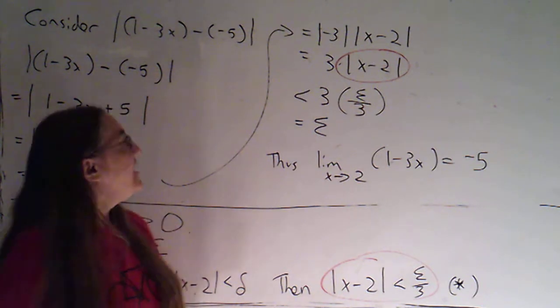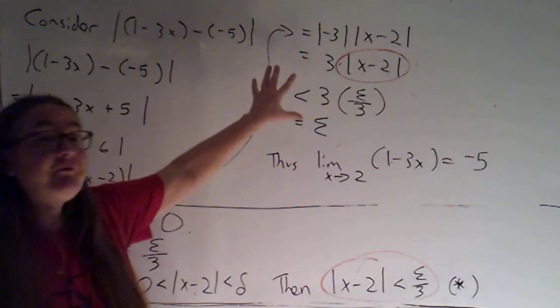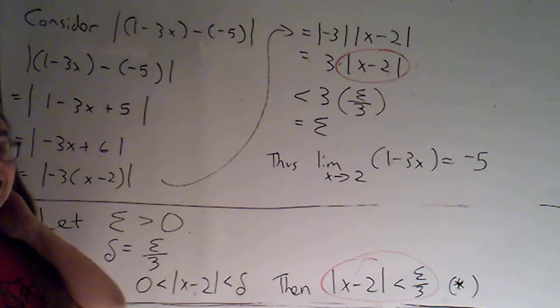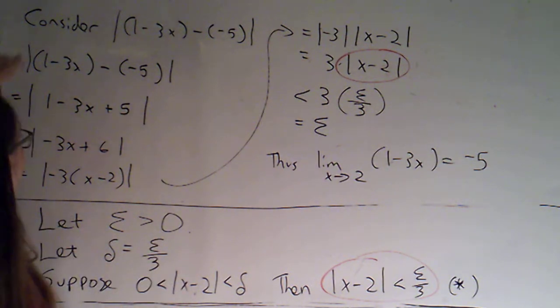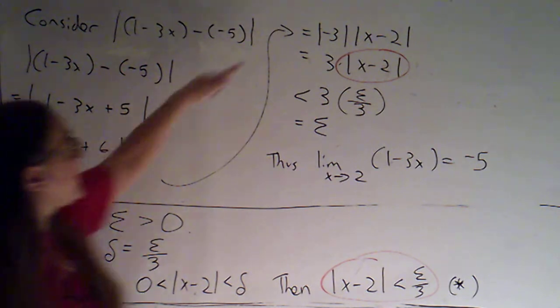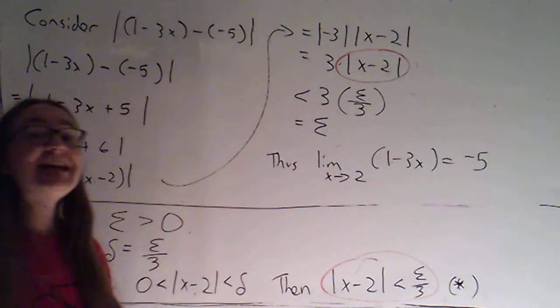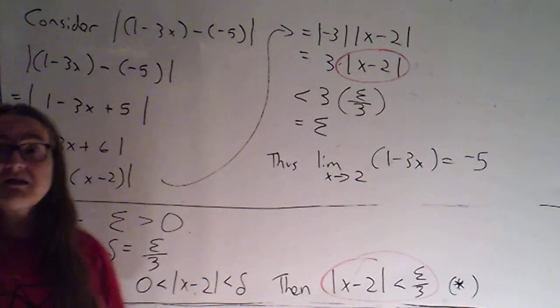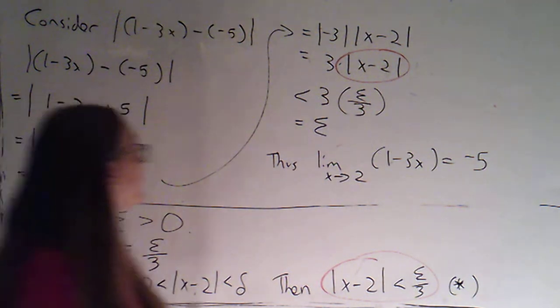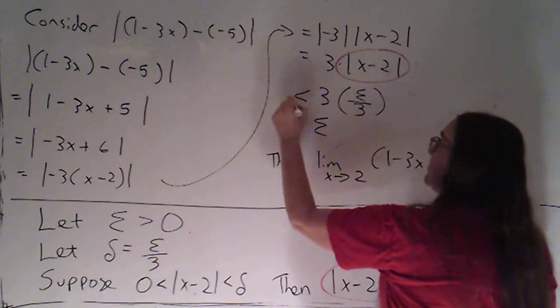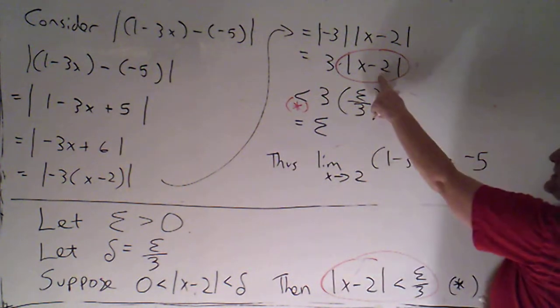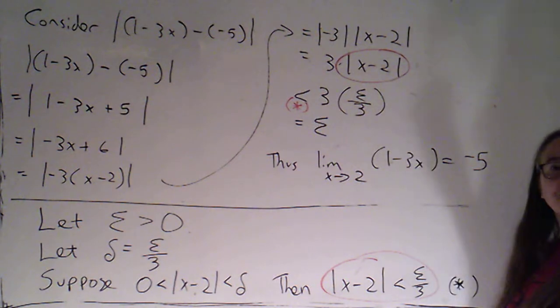Okay. So again, this work is very, very redundant with what we did in our informal work. The difference is every one of these equal signs or this inequality I can justify. The equality is justified by just basic rules of arithmetic and algebra, and this would be justified by referring back to star, that I knew that this factor was less than epsilon over 3.